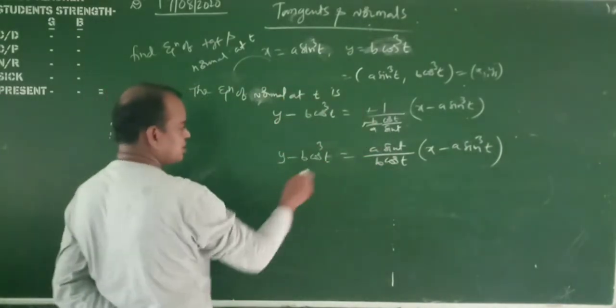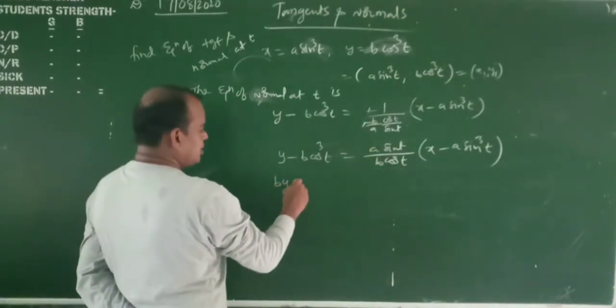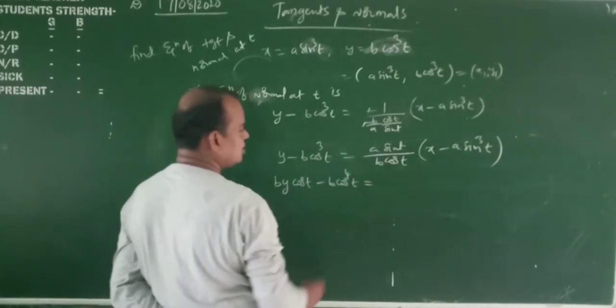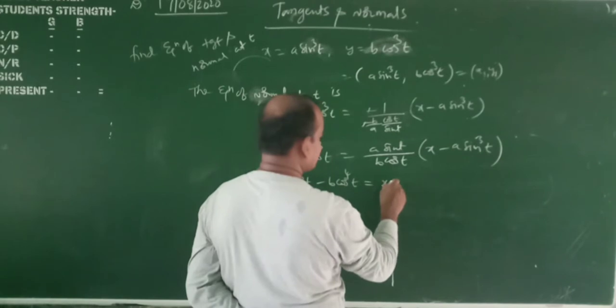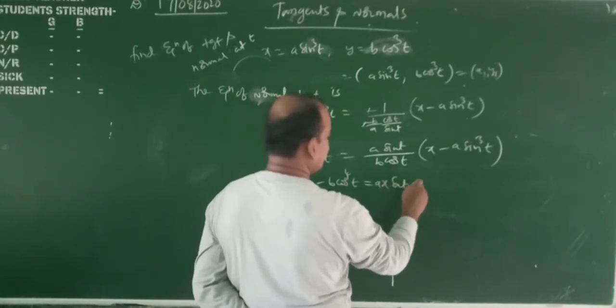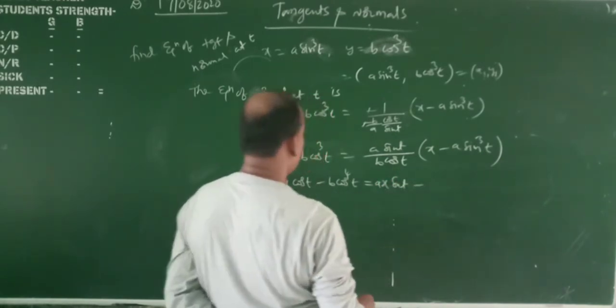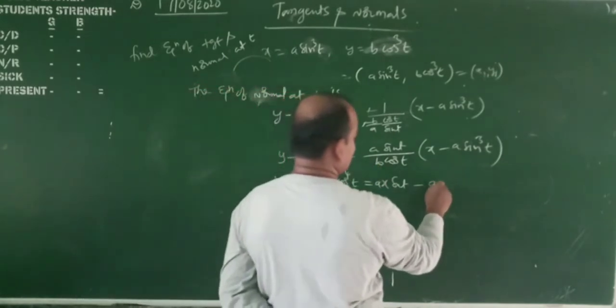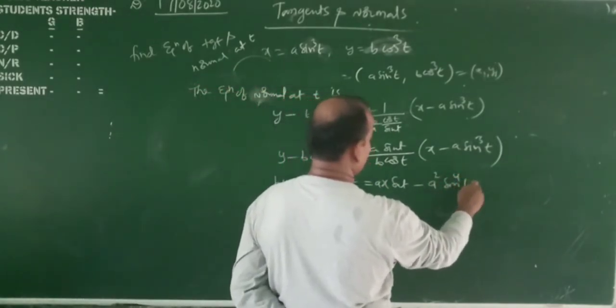Now, cross multiplication: by cos t minus b square cos power 4t is equal to ax sin t minus a square sin power 4t.